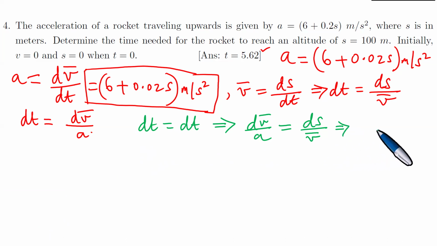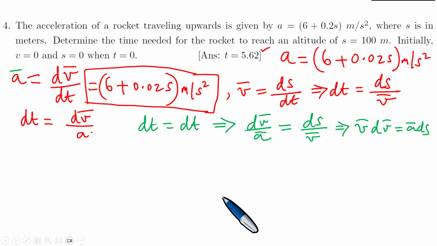We cross multiply, and what are we able to achieve? We achieve an equation that says v dv is a ds. We can write acceleration with a little line on top to show that we're dealing with a vector quantity.